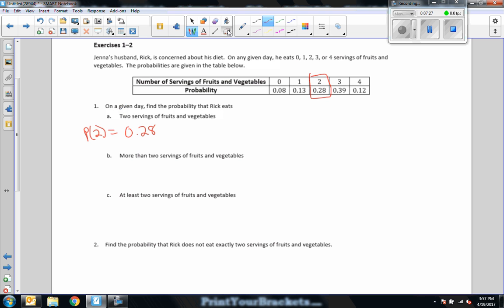B. Find the probability that Rick eats more than 2 servings of fruits and vegetables. More than 2 is 3 or 4.